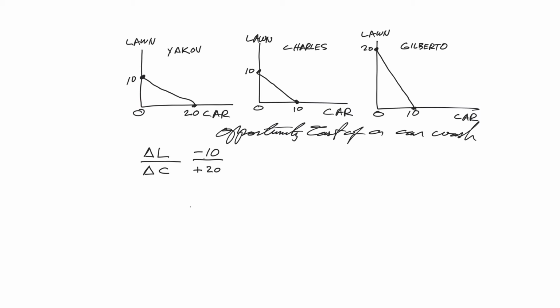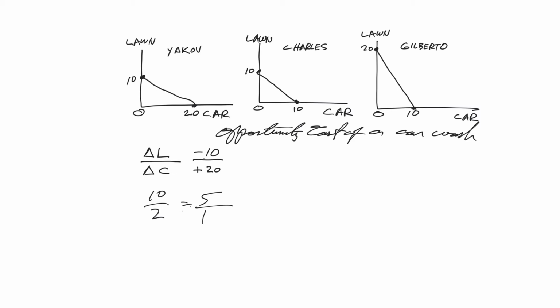So, we love ratios in economics because the denominator always becomes a 1. Whenever you divide any number by any other number, the denominator becomes a 1. For example, 10 divided by 2 equals 5. Where's the 1? There's the 1. We don't usually put it in there, but it's there.